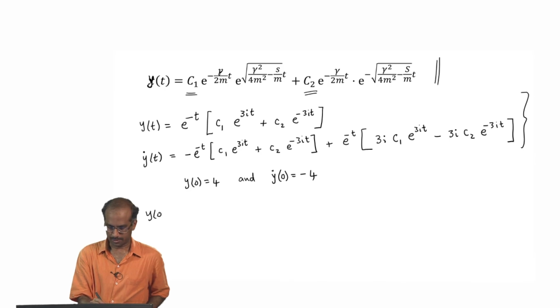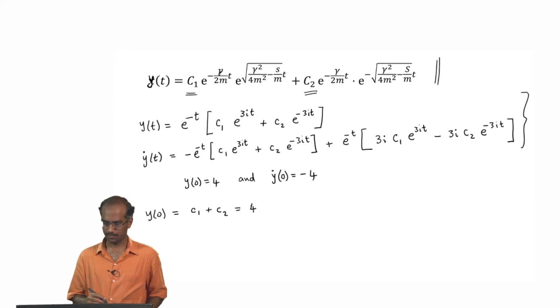Y of 0 will be equal to C 1 plus C 2, and according to the first initial condition, it is equal to 4.